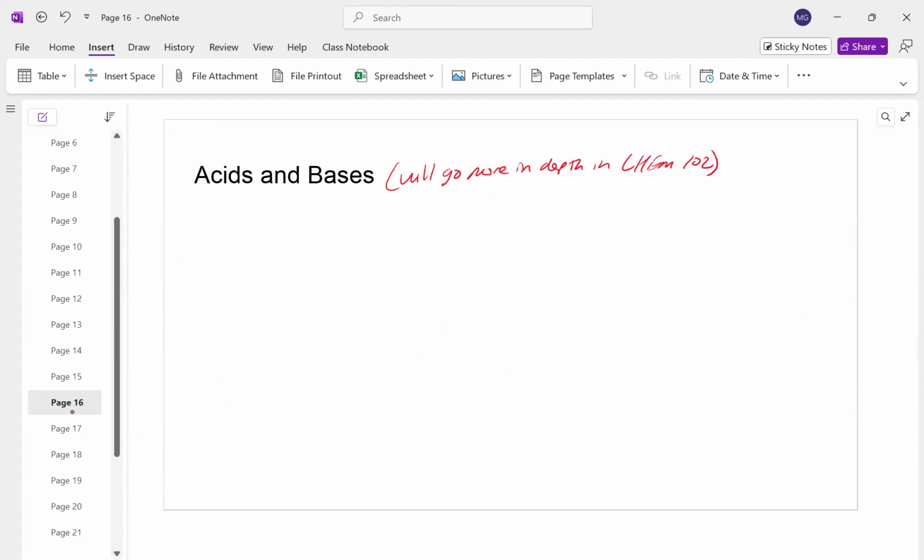So I'm going to give you broad strokes, just some things to know, and then you'll talk a lot about it next semester. The definition of an acid, and there you'll learn that there are a few, but the main definition we're going to go off of is that acids are substances that donate a proton or a hydrogen ion.